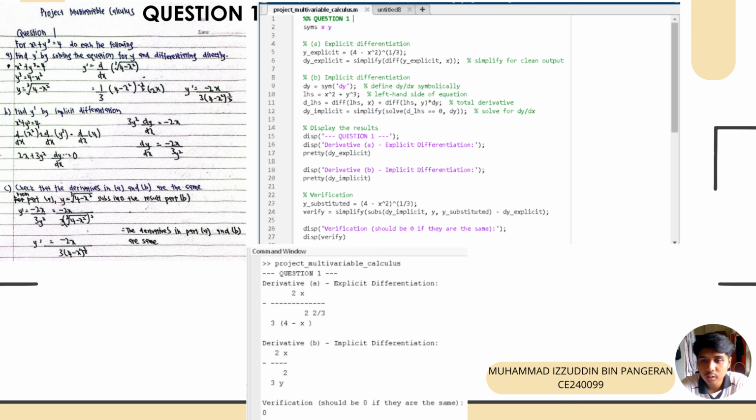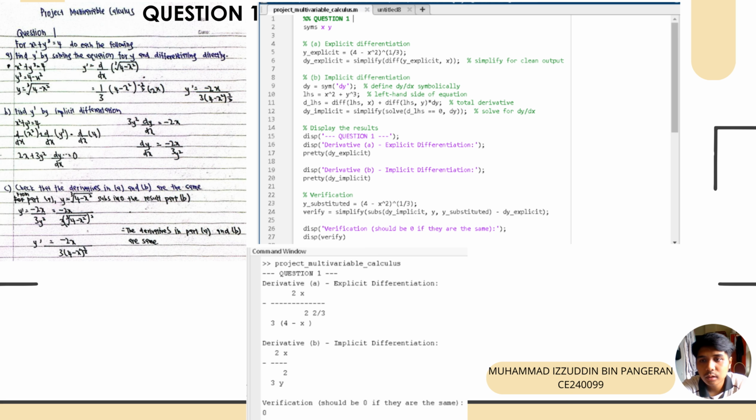Next we move to the coding in the MATLAB simulation. In MATLAB, I define x and y as symbolic variables. I wrote the equation and applied both differentiation methods, explicit and implicit. As we can see, the first coding is explicit and the second coding is implicit differentiation.